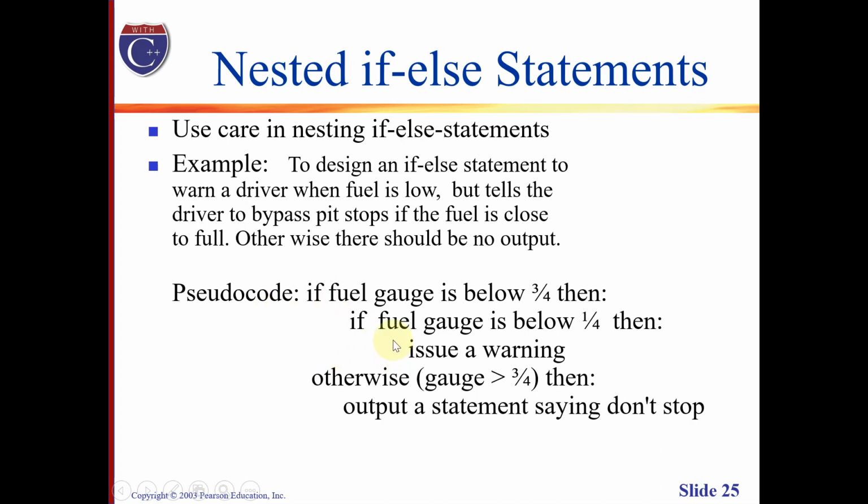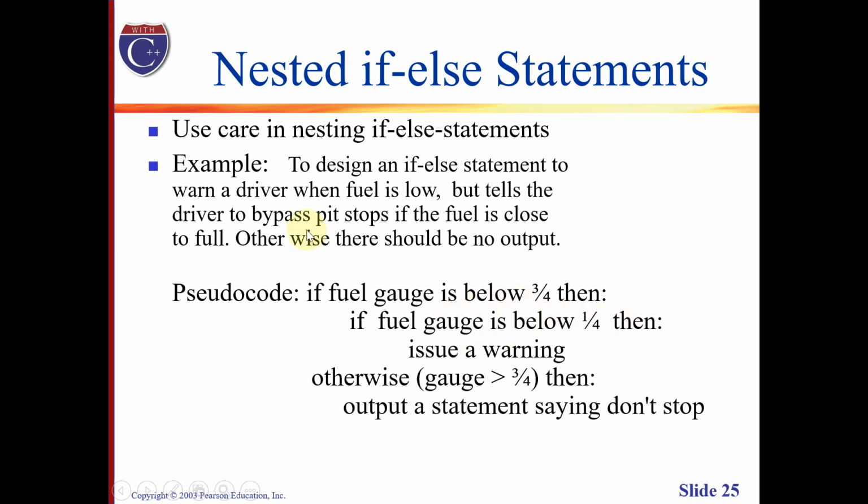For example, we have the first condition in which if the fuel gauge is below 3/4 of our fuel capacity, then we will evaluate another condition using this if statement. For instance, if the fuel is below 1/4, then we will issue a warning that our driver needs to refuel.